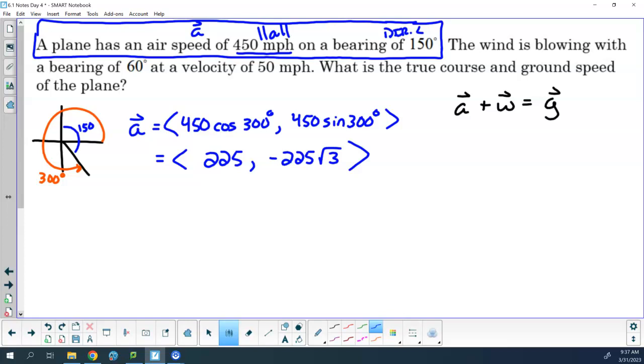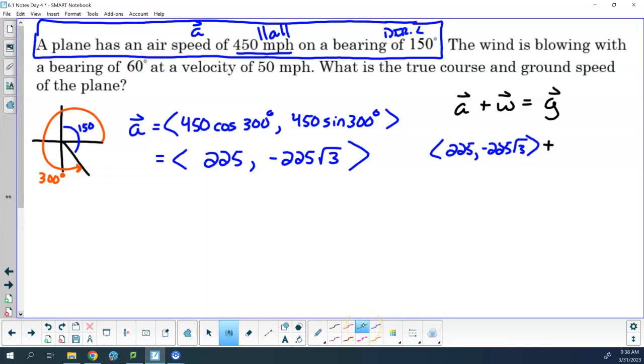Now, if it's a non-unit circle angle, you're going to have to round. Try and keep as many decimal places as you can until the end. Okay? So that's vector A. So vector A can go over here, and that's going to be 225, negative 225 square root of 3. Then we have to add to that vector W.